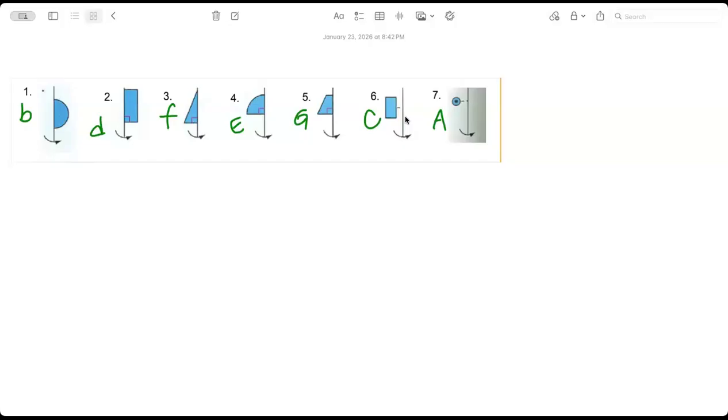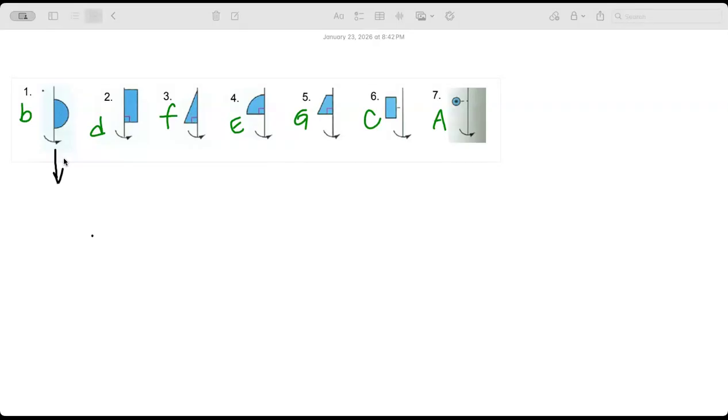If you spin this 2D object, what shape are we going to get? What do you think?